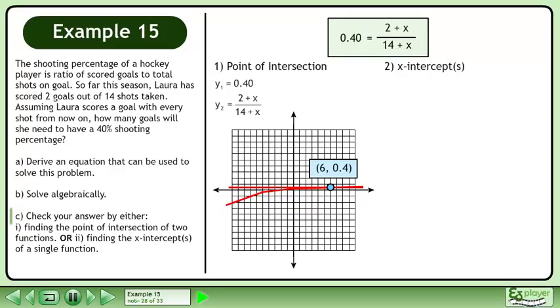Next, we'll find the x-intercepts. Set the equation equal to 0 to find the x-intercepts. The corresponding function is y equals (2 plus x) over (14 plus x) minus 0.40.